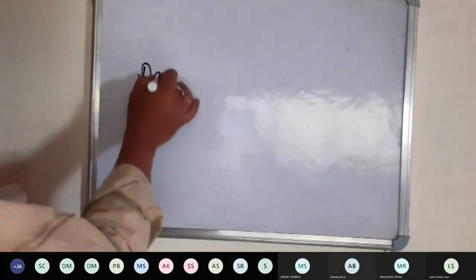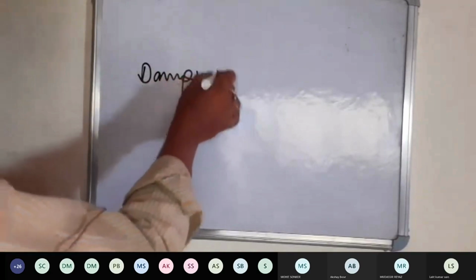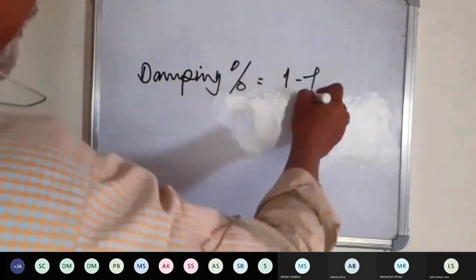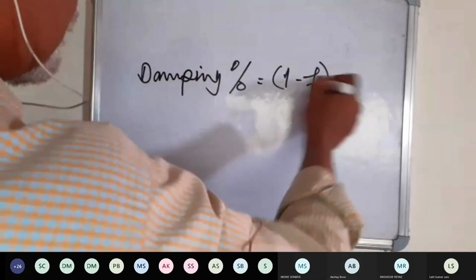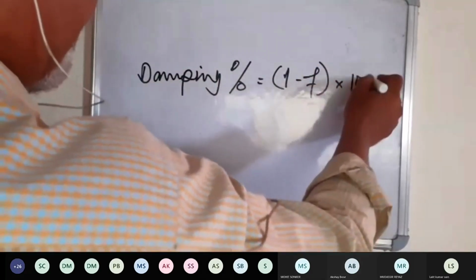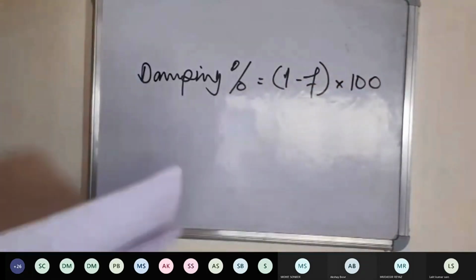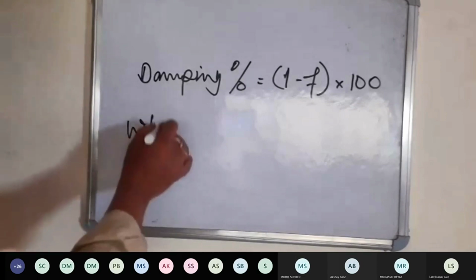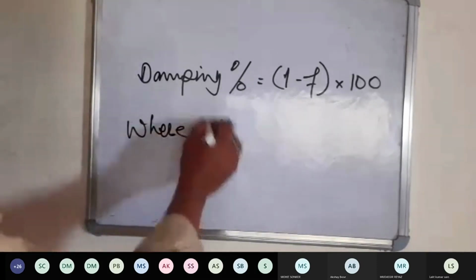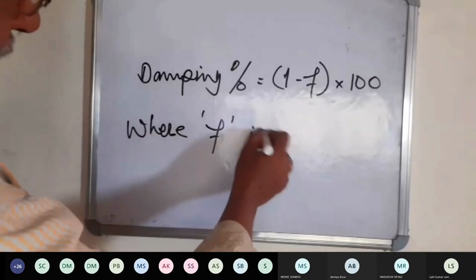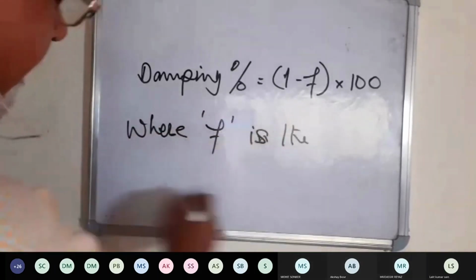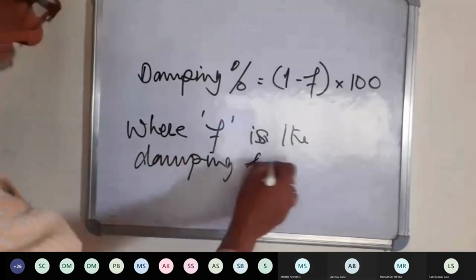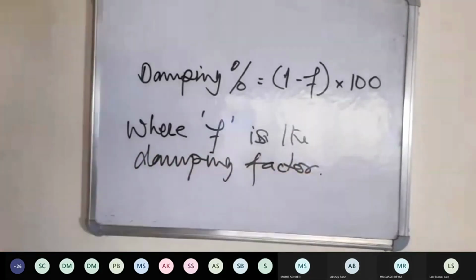So damping percentage is equal to 1 by F minus, 1 minus F into 100, where F is the damping factor.